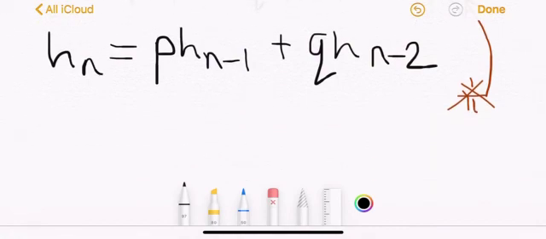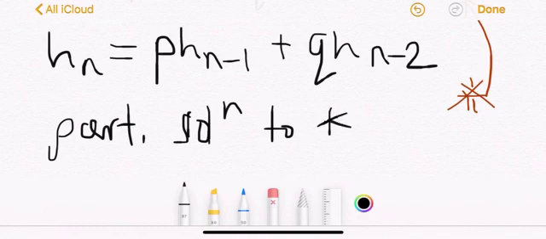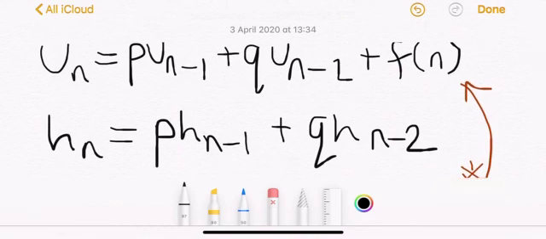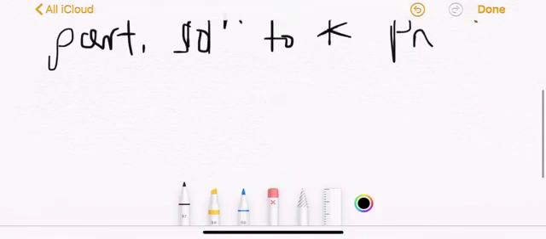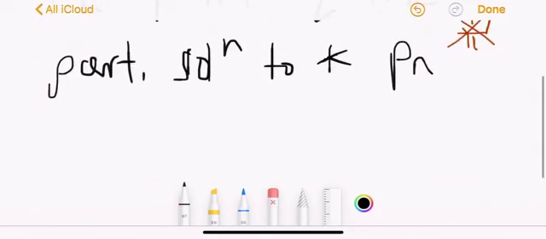And then we have the particular solution to star, which is P_n. The general solution to the non-homogeneous relation is the sum of the solution to the homogeneous equation and P_n.